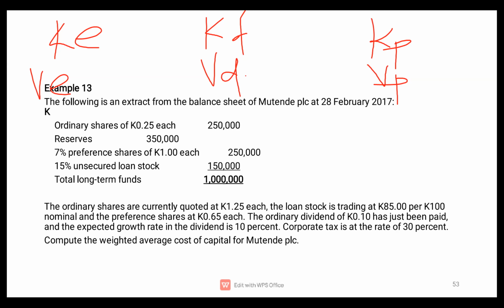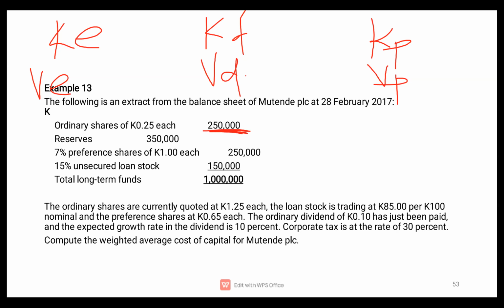Let's start with the value of equity. We already have the value of equity, isn't it? Do we have it? No, we don't. We have 250,000 ordinary shares.